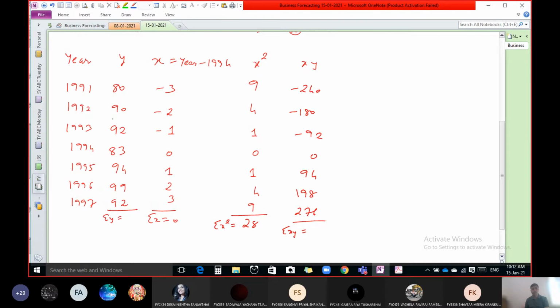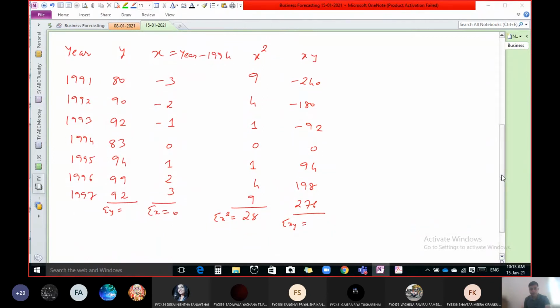What is the total of y? Make the total of this: 80 plus 90 plus 92 plus 83 plus 94 plus 99 plus 92. What is the total of this? Please do the calculation and tell me the answer. 630.